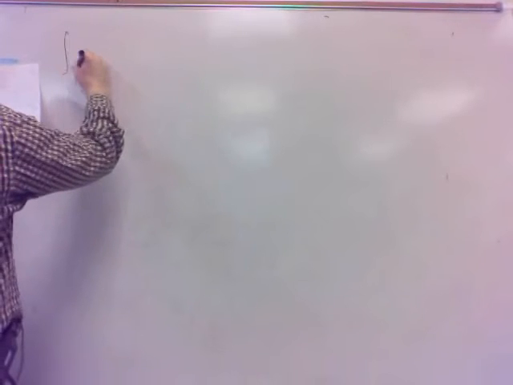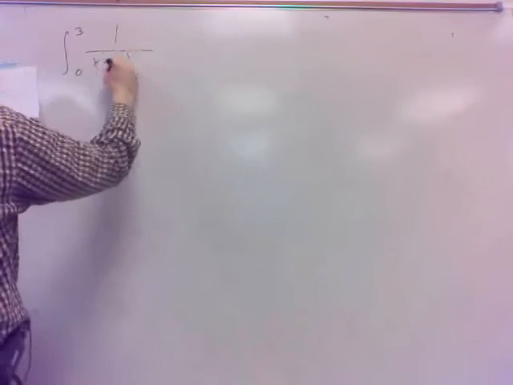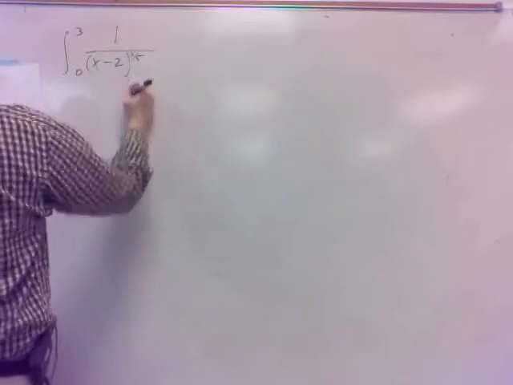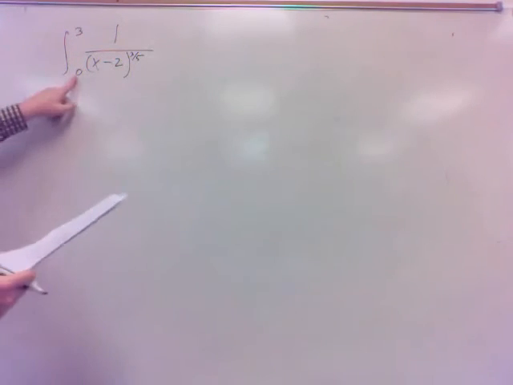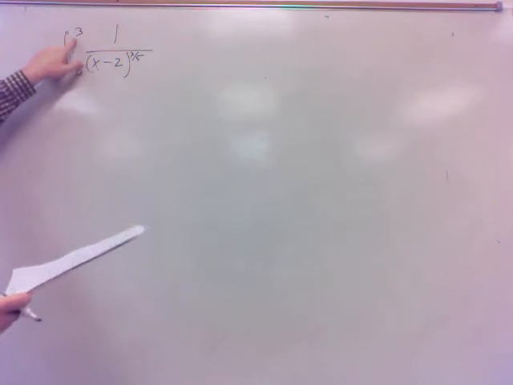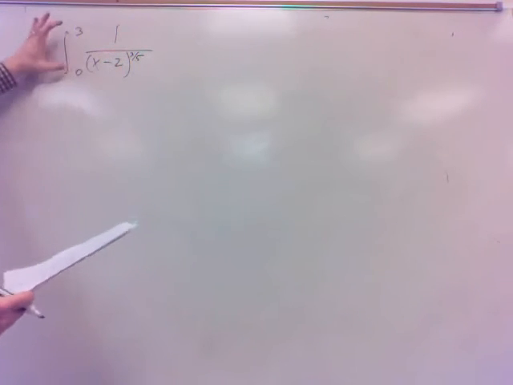All right, here you go. 0 to 3, 1 over x minus 2. Last but not least. Definitely not the least. Okay. All right. Here, 0 is okay. 3 is okay. What's not okay? 2 is not, which is between 0 and 3.